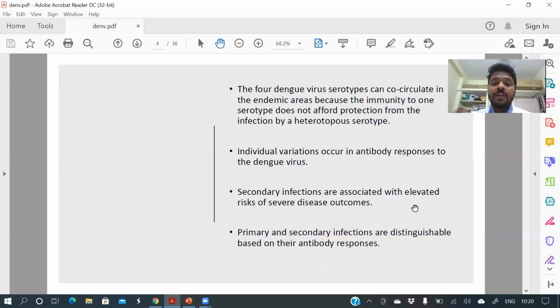But if he is infected by a serotype other than dengue 1, that will lead to risk of serious disease outcomes. The pathology and pathophysiology behind that I will explain in the further slides. So primary and secondary infections are distinguishable based on their antibody responses.